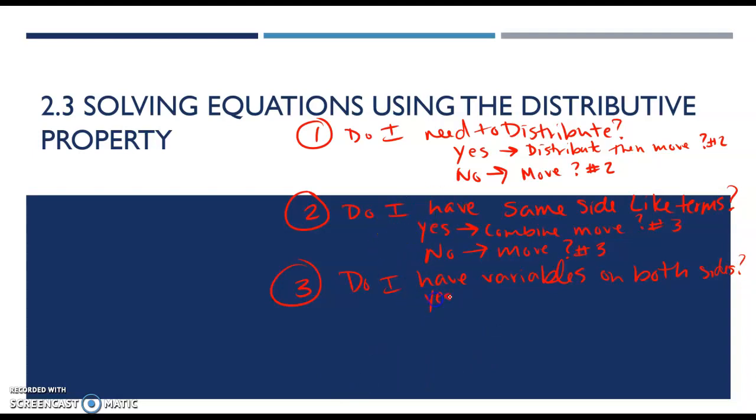If yes, then we're going to move variables to same side. If no, then it's a 1 or 2 step equation. And you just need to solve.